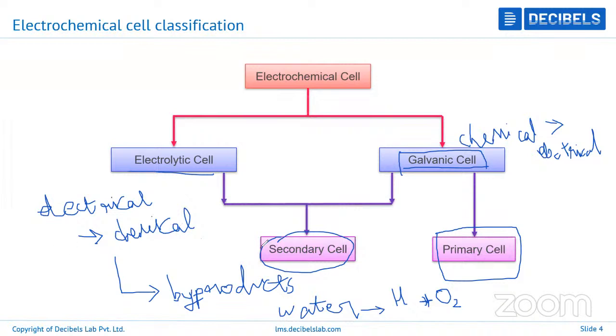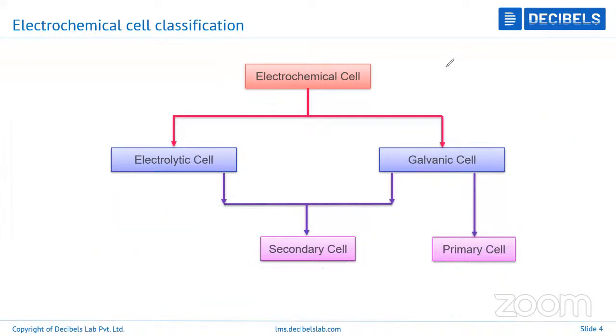That is what is called a rechargeable cell. All your modern equipment, your smartphones, your laptops, even your electric vehicles, have secondary cells, which means they're rechargeable. Whatever chemical reactions are happening inside can be reversed. So this is how broadly we classify electrochemical cells.